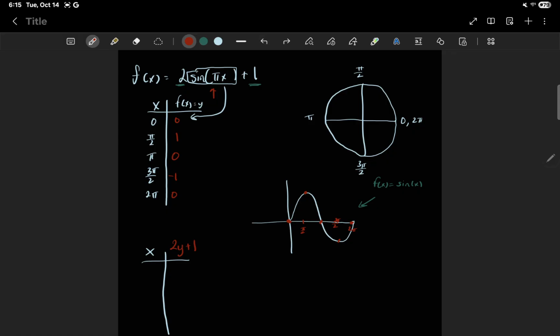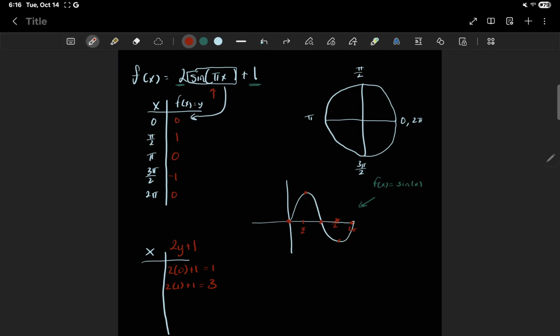So you take 0, you plug it into y, 2 times 0 plus 1. That's equal to 1. So for our new table, that first point, rather than being 0, is going to be 1. Now we plug in 1, 2 times 1 is 2, plus 1 is 3. So now the point that was 1 before is now 3.